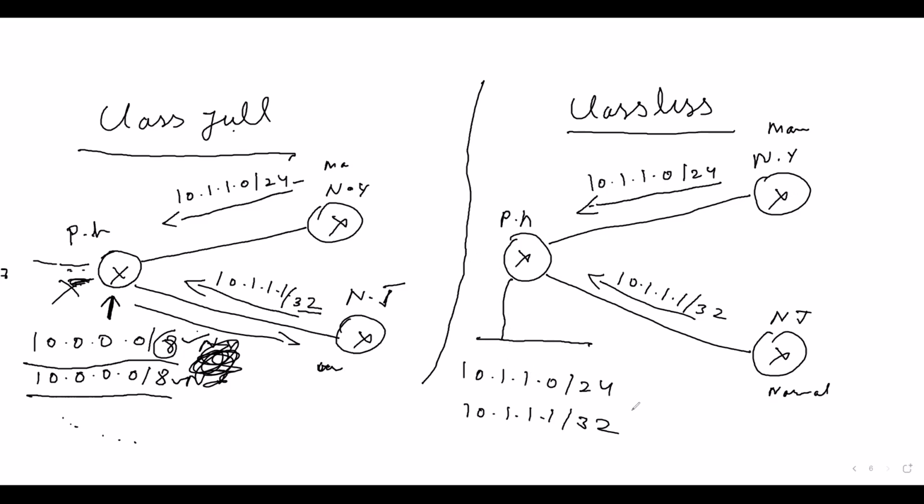So my router will see, okay, /24, I'm receiving that from New York, so I will send it there. So did you get the importance of the subnet mask? You got it, guys? That is the reason why we are not using classful nowadays.